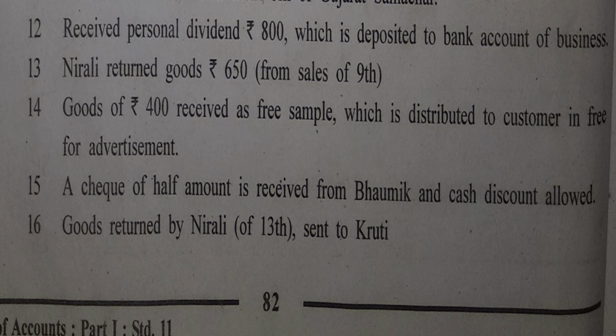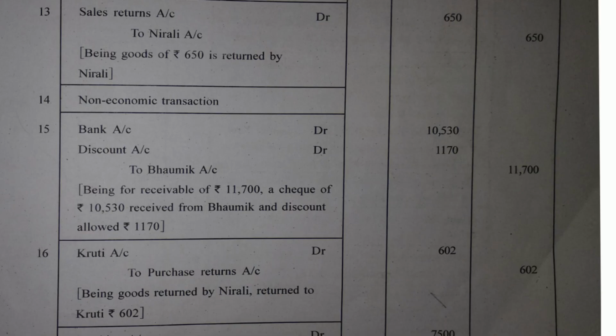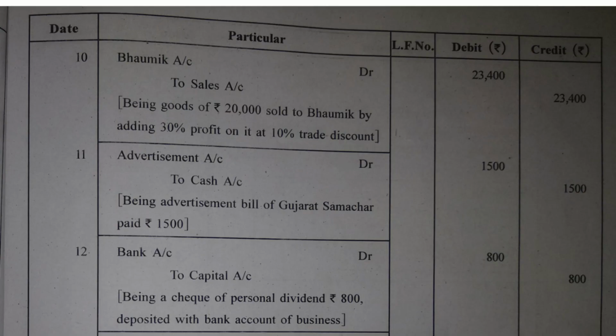So let us check the journal entry for this. He is giving check. So bank is the receiver. Bank account debit 10,530. Discount account debit 1,170. To Bhomik account 11,700. Let me explain. What is the total amount due from Bhomik? 23,400.